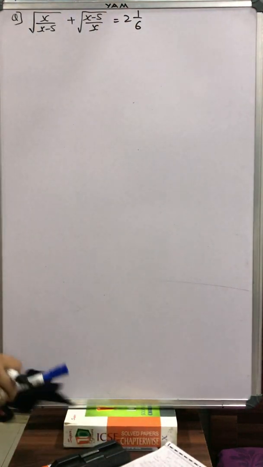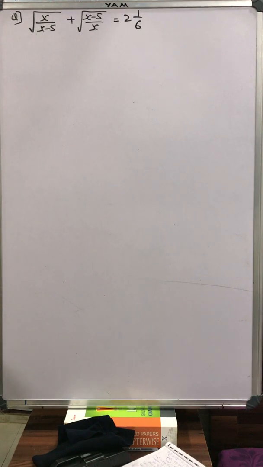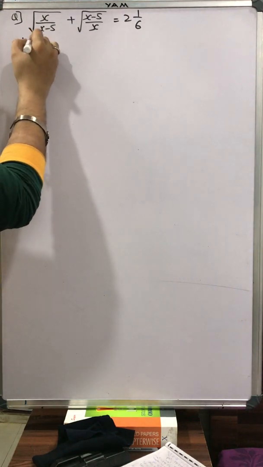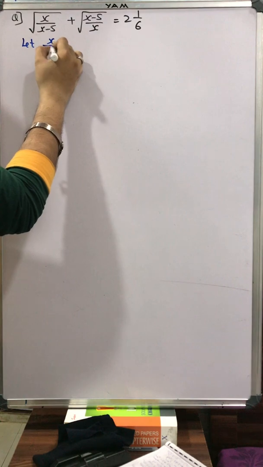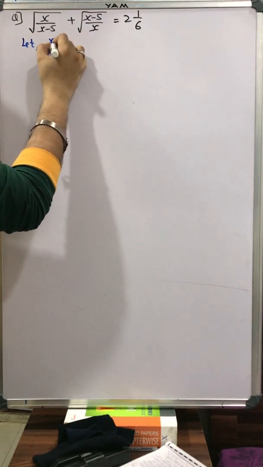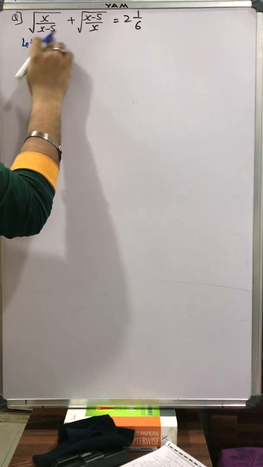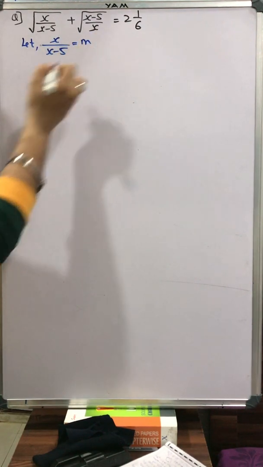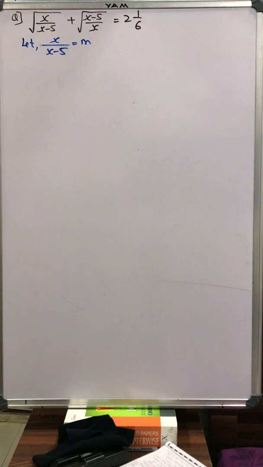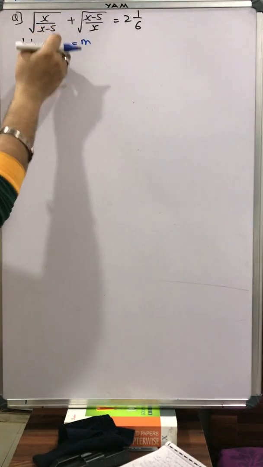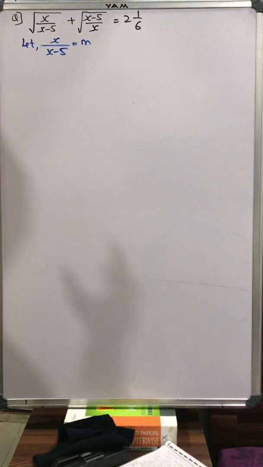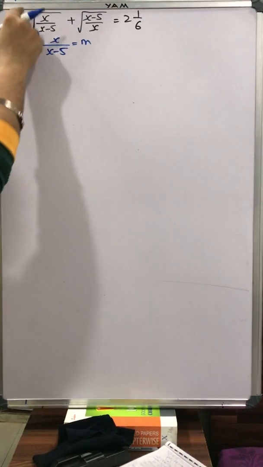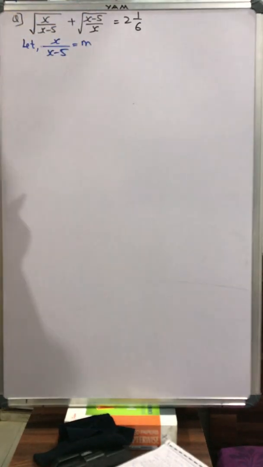Okay. So now what I'm doing is substituting that let x upon x minus 5 is equal to m. So if I suppose that x upon x minus 5 is m, then please observe just for 1 second, that inside the root there is x upon x minus 5, so m comes inside, and it becomes root of m.